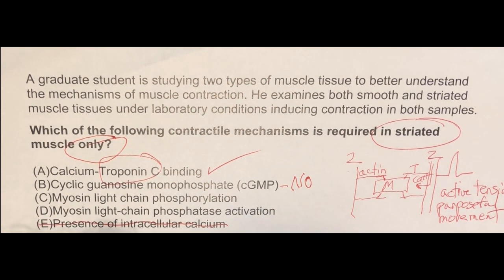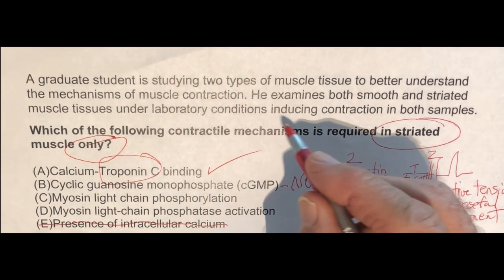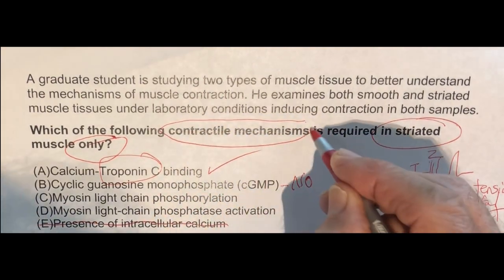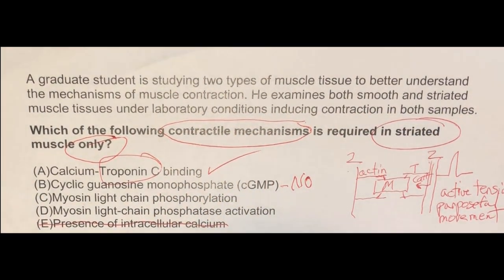So, that's increasing blood flow to the tissues. So, cyclic GMP does not play a big role in the contractile mechanism. Although there might be some cyclic GMP present in striated muscle, it's not part of the contractile mechanism. And nitric oxide is more important in smooth muscle contractile mechanisms.